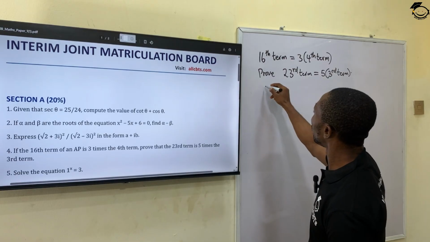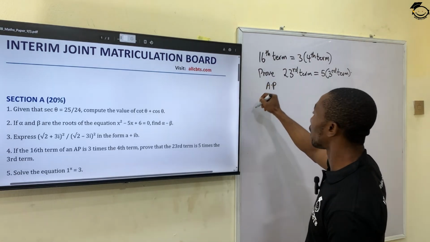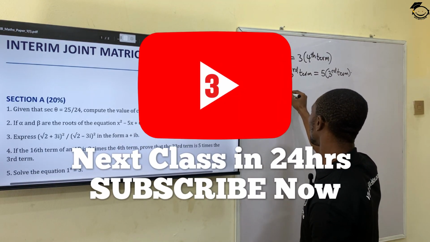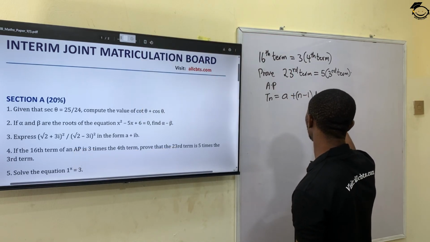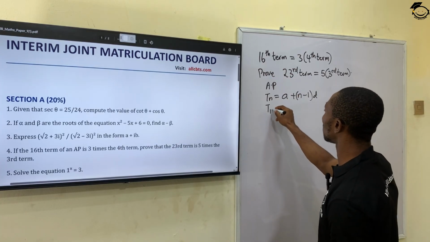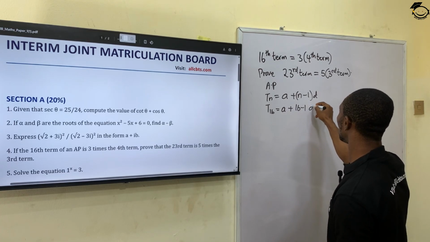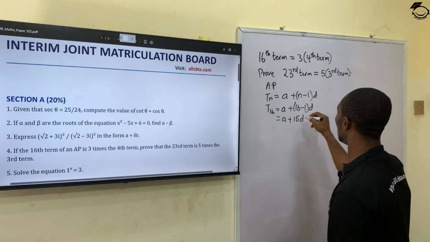All right, now we know that in our general formula for AP, arithmetic progression, we have it as Tn equals A plus n minus 1 D. In this case, our 16th term, T16, will become A plus 16 minus 1 D, which will be A plus 15D.